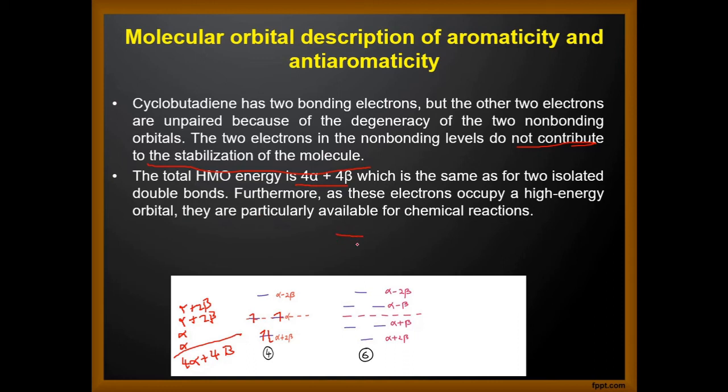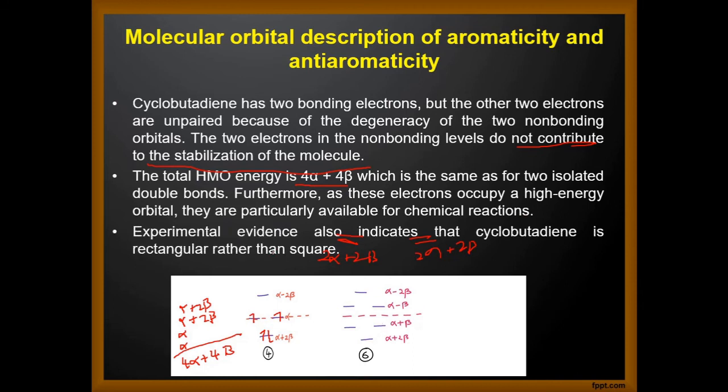So if we have 2 isolated double bonds, this will have 2 alpha plus 2 beta, and this will have 2 alpha plus 2 beta, and therefore it is nowhere different between an isolated double bond and a cyclic system. Furthermore, as these electrons occupy a high energy orbital, they are particularly available for chemical reaction.